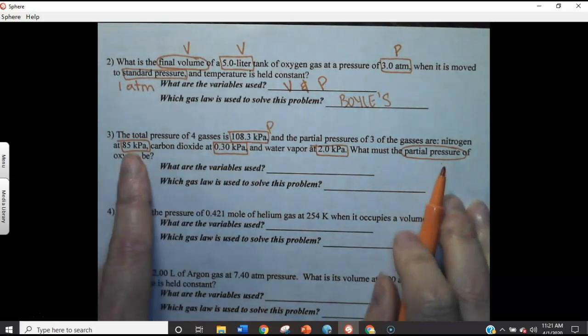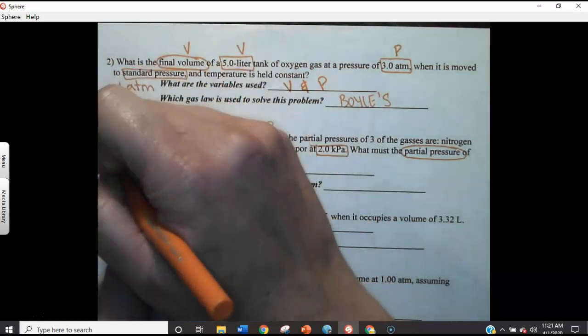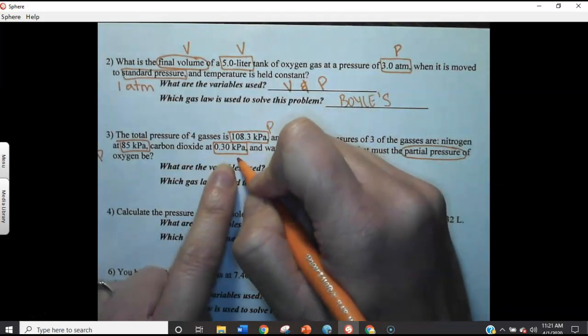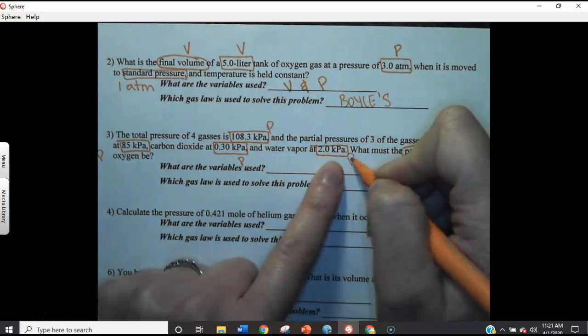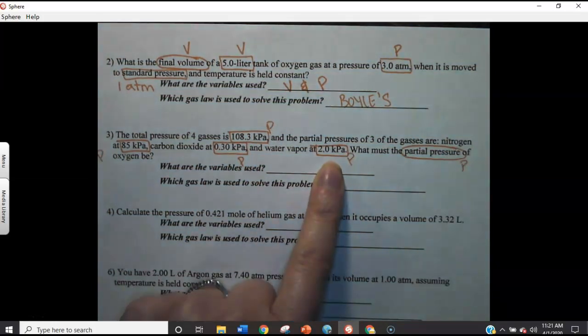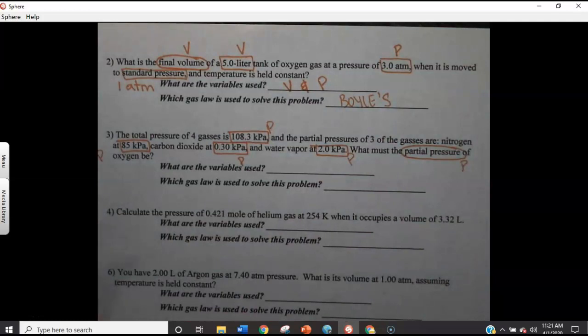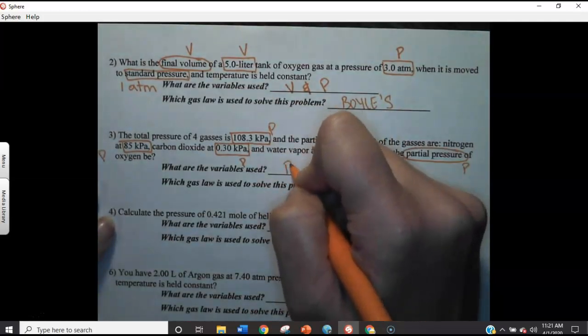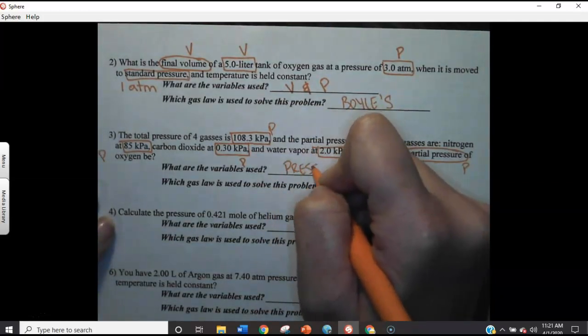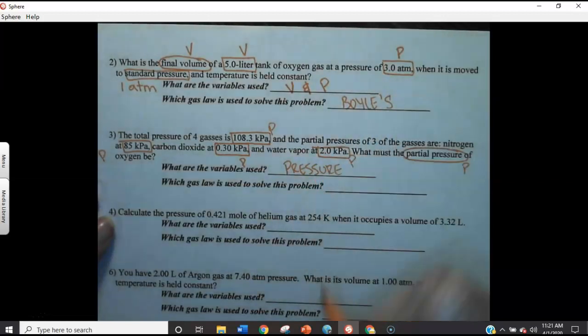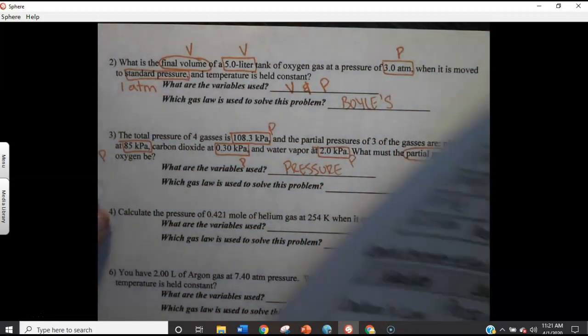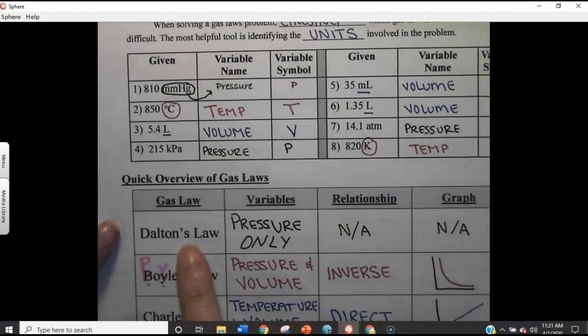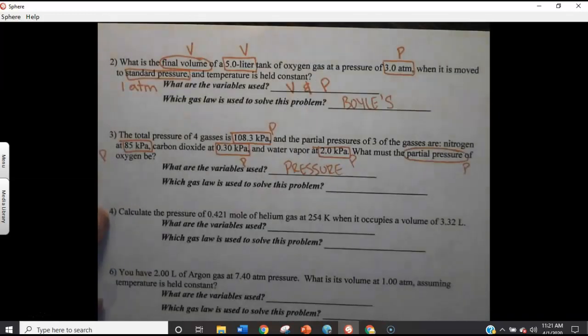Partial pressures are 85 kPa, so another pressure. They're asking you for partial pressure. So my only variable is pressure. And remember from our notes, Dalton's law has only pressure in it, so that makes this a Dalton problem.